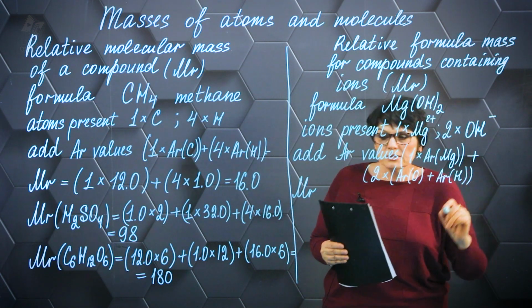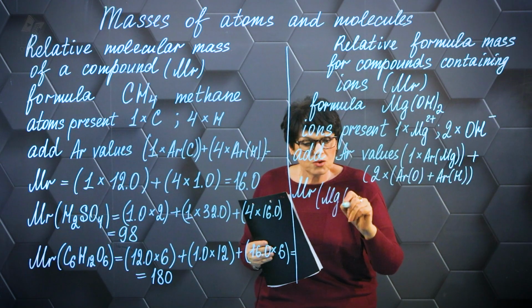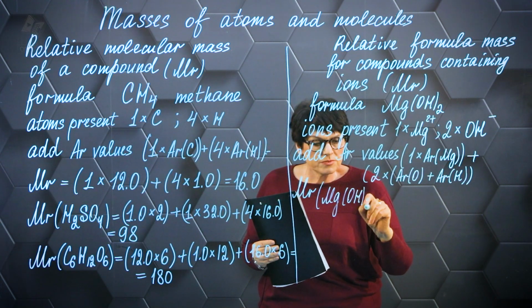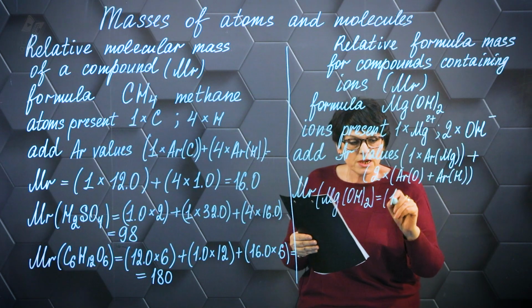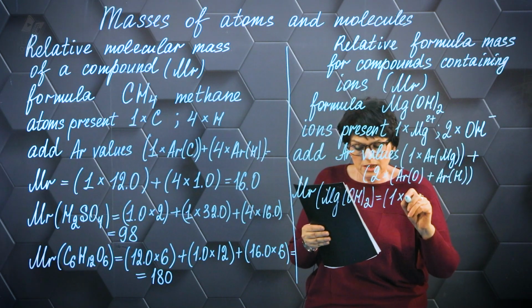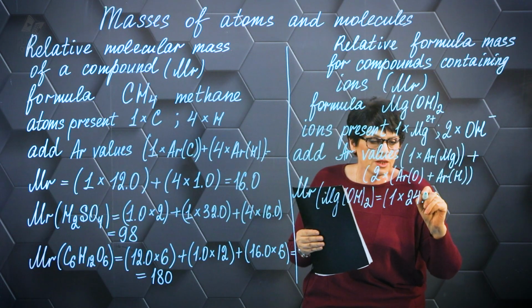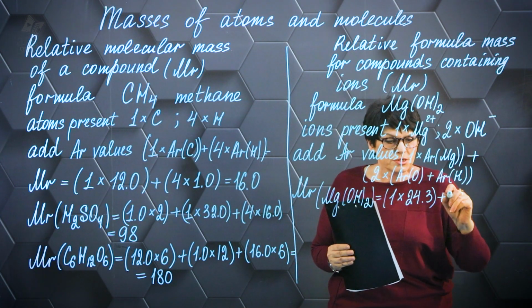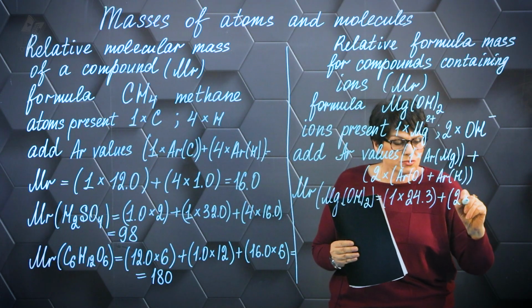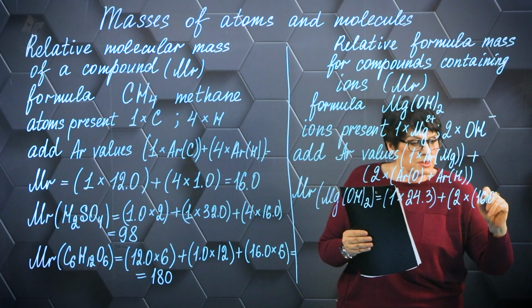So now we're going to calculate this compound, Mg(OH)2. For magnesium it's 1 times 24.3 if we take it precisely, plus 2 times 16, and plus 1.